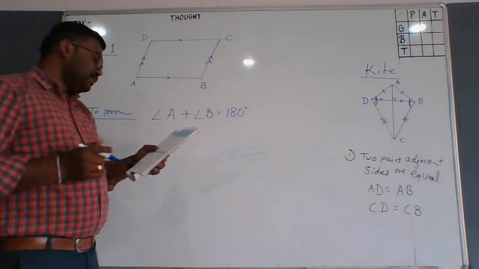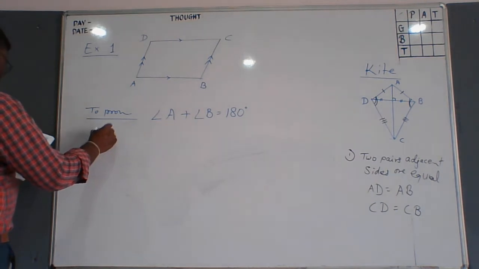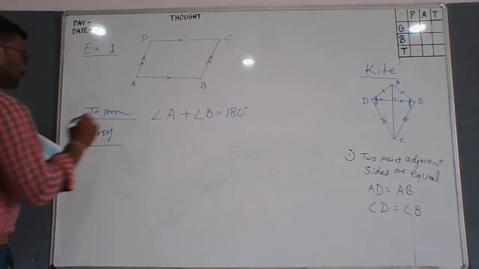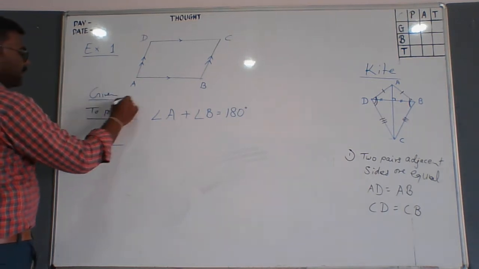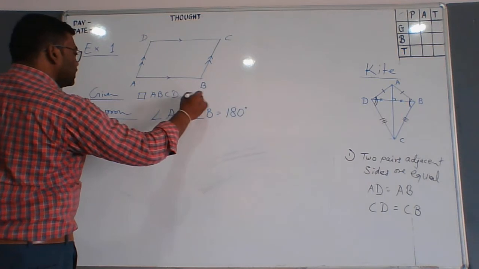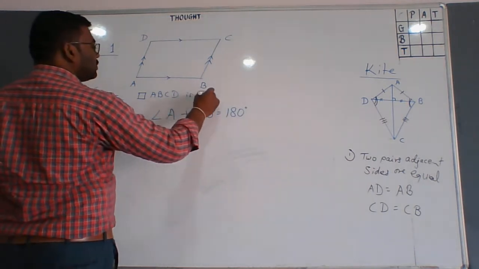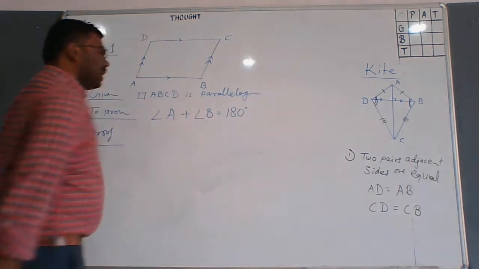So proof. In the given, first we will write here: given quadrilateral ABCD is a parallelogram.